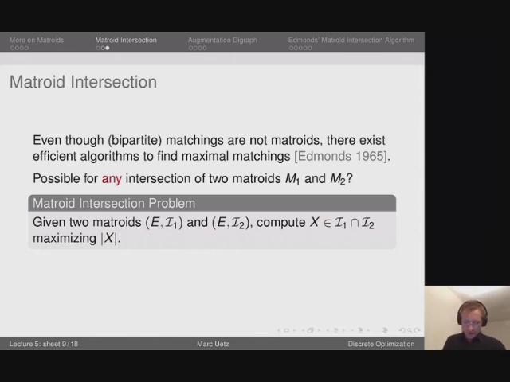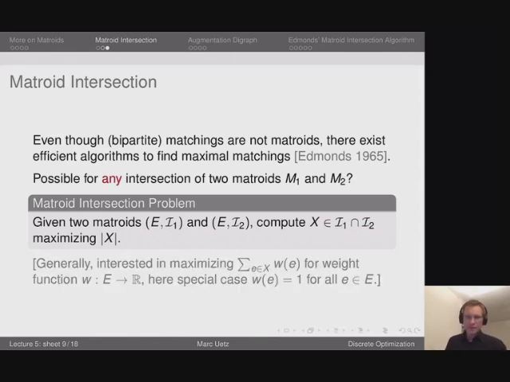In the more general version of the problem, we would even have weights on the elements, and we would like to, say, maximize the total weight of the elements that we select. But here we only consider the special case where all these weights are equal to 1. So we are looking for cardinality maximal independent sets in 2 matroids simultaneously. And that's the definition of the matroid intersection problem.